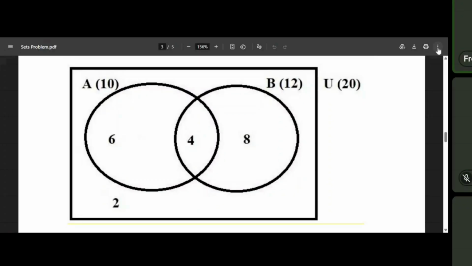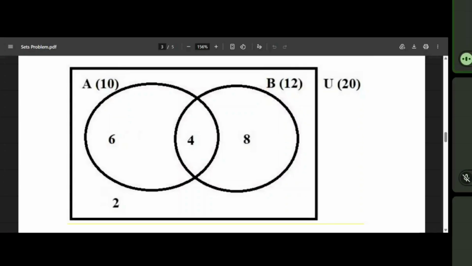The 10 you are seeing against the A tells you that if you add everything within that ring, the oval on which the A is sitting, it should give you 10. And the numbers we have there are 6 and 4.